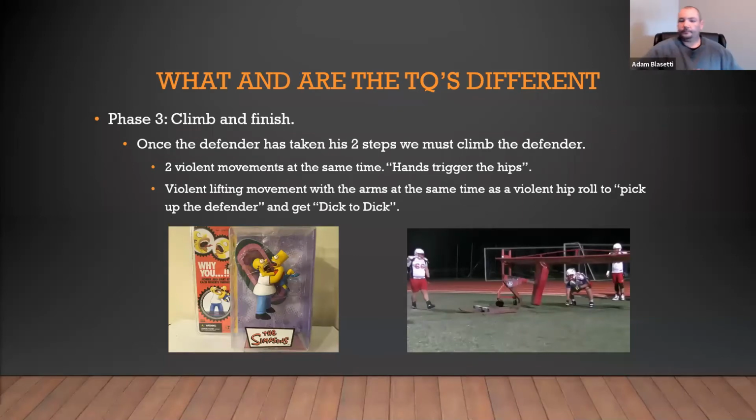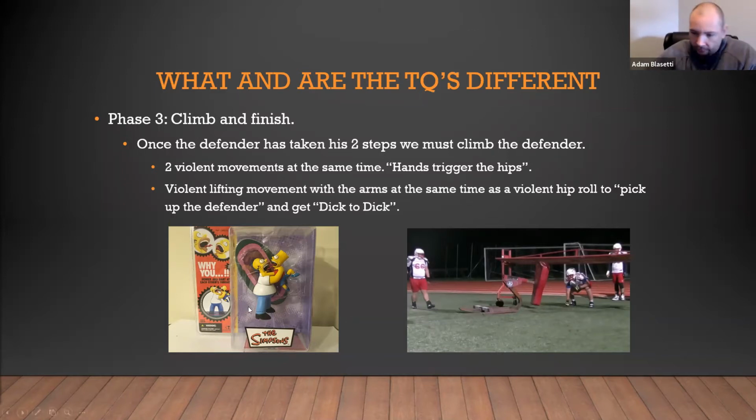Phase 3 is what we call the climb and finish phase. Once the defender has taken his 2 steps, we have to start our climb. Now the climb versus a defender is built of 2 violent movements happening at the same time. Whether it's the hips that trigger the hands or the hands that trigger the hips, you need to have both a violent hand movement and a violent hip movement at the same time.